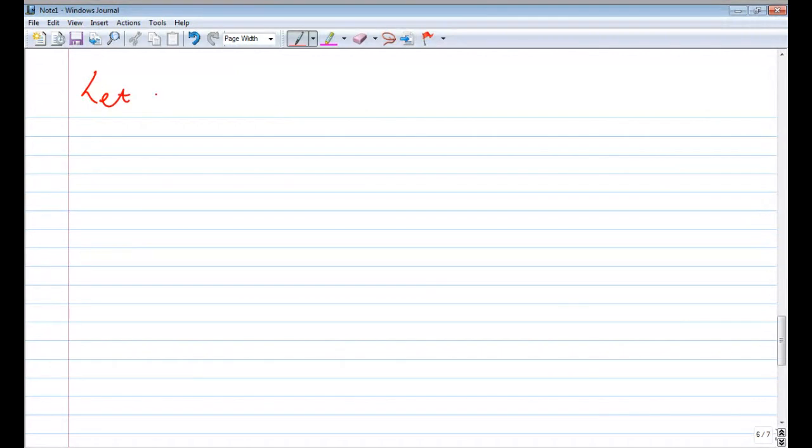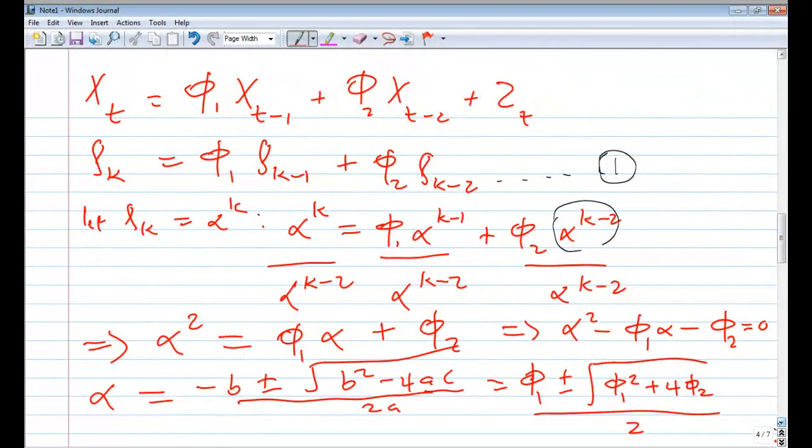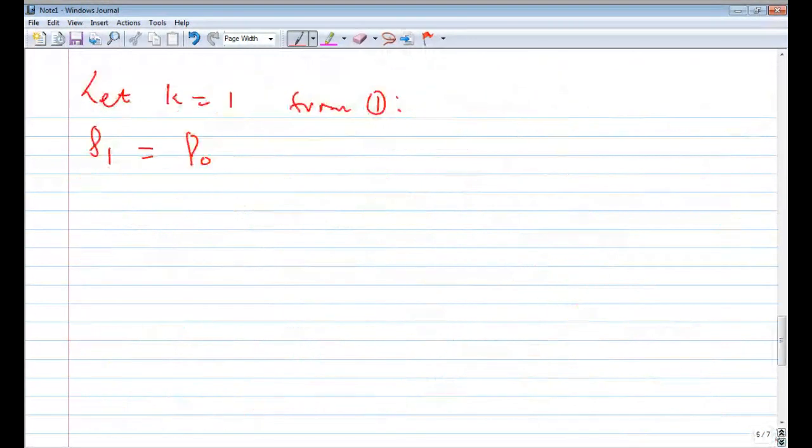We're saying let k equal 1 from equation number 1. Then you get rho 1 equal to phi 1 rho 0 plus phi 2 rho minus 1.